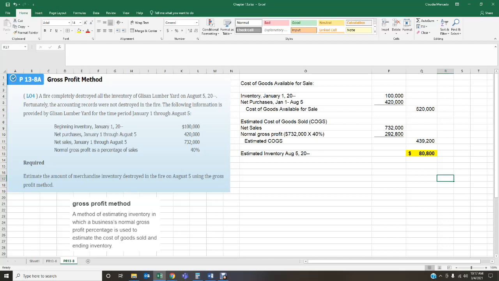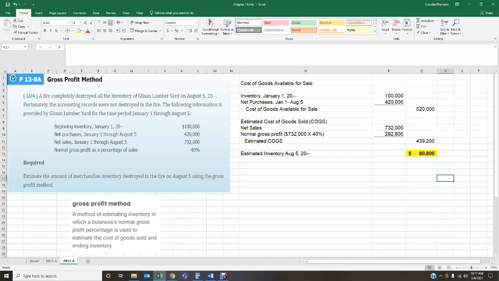They have this percentage that they say, on average, I make 30%, 40%, 50% profit. They have it documented so that every time they prepare financial statements, they calculate their normal gross profit percentage, so they can use it in instances like this.